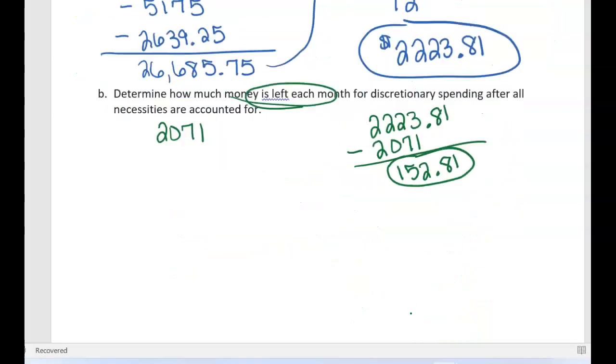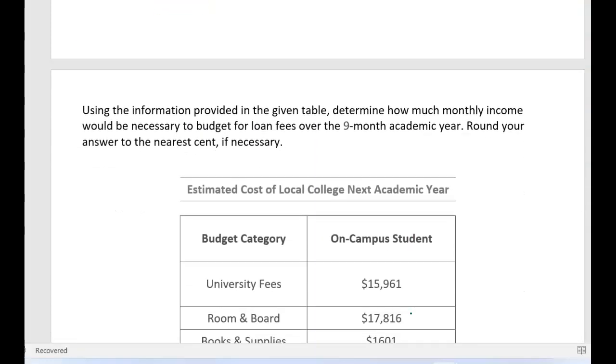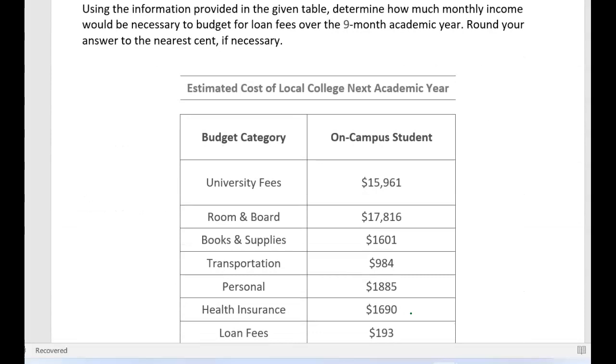Now we have one more question. Using the information in this table, determine how much monthly income would be necessary to budget for loan fees over a 9-month academic calendar. So it doesn't matter to me all of these fees.